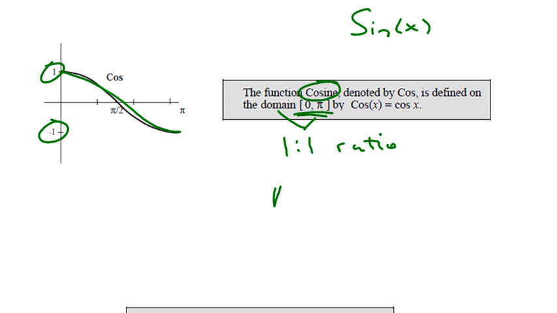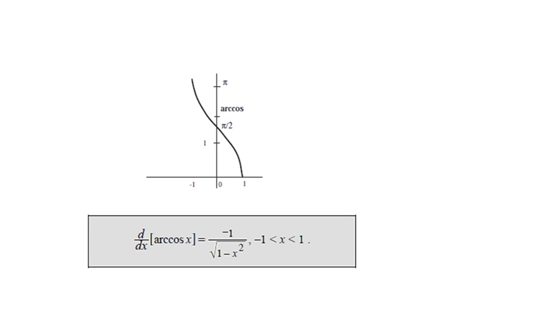So then we can start talking about arc cosine of x, or cos inverse. And cos inverse, similar but slightly different. Its y values go from 0 to pi, and that's because from a unit circle, from 0 to pi goes through all of the cosine values. And my x values are ranging from -1 to 1.